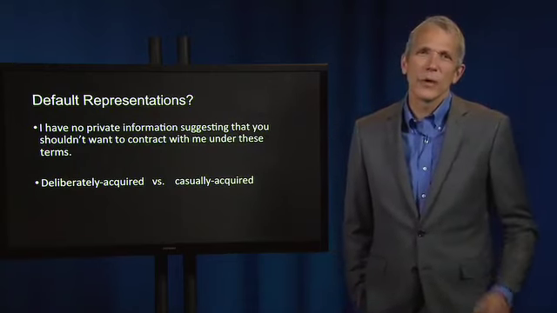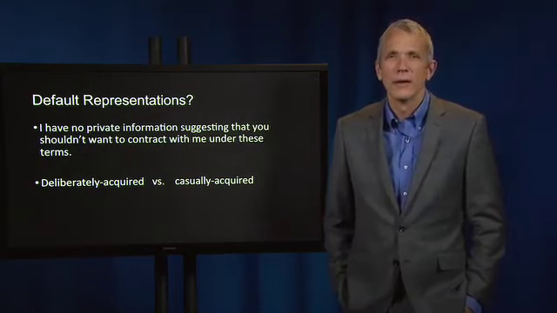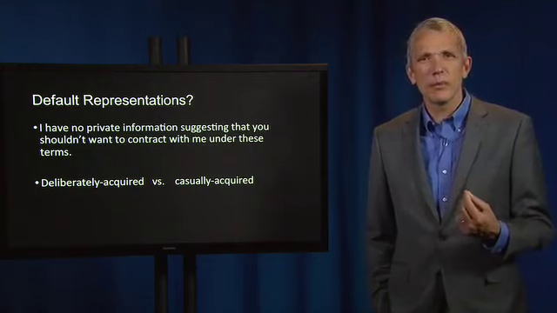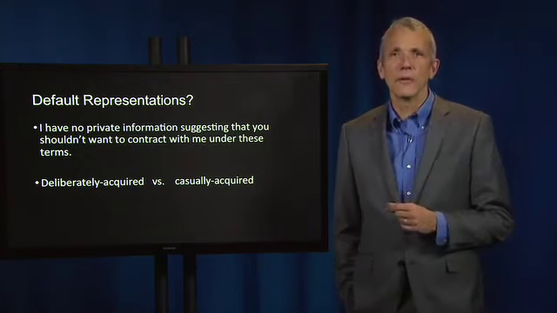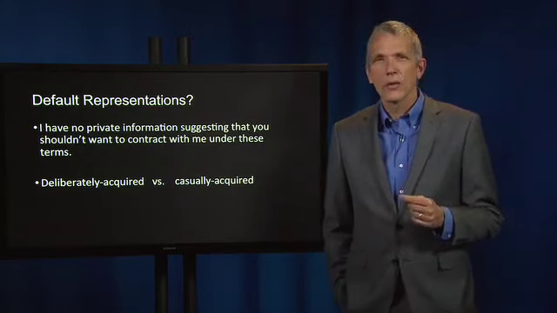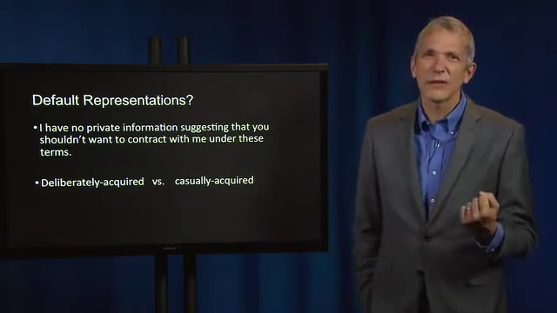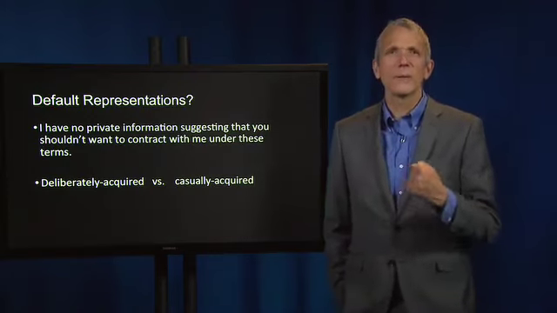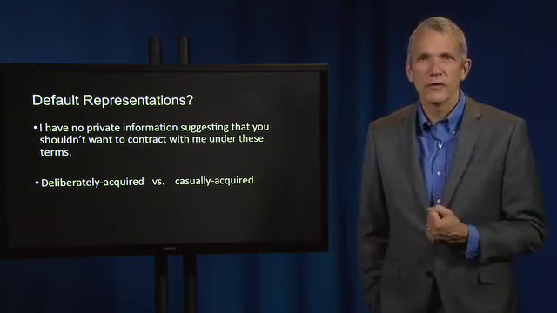Well, one reason we might not want that kind of a default disclosure requirement is because we don't want to discourage people like Oregon from going out and discovering the value of things. Anthony Kronman pointed out that the law should distinguish between casually acquired information and information that is deliberately acquired through the active effort of an individual.